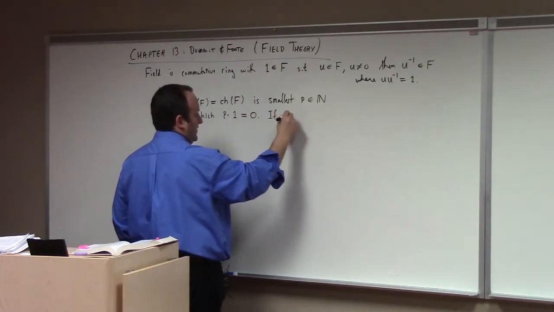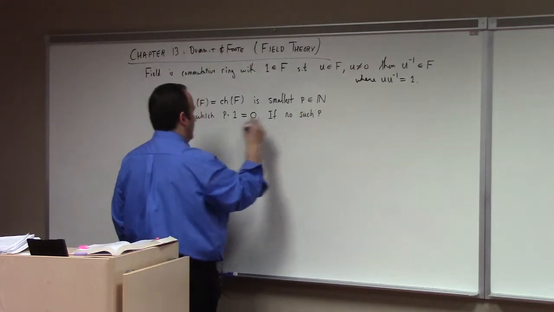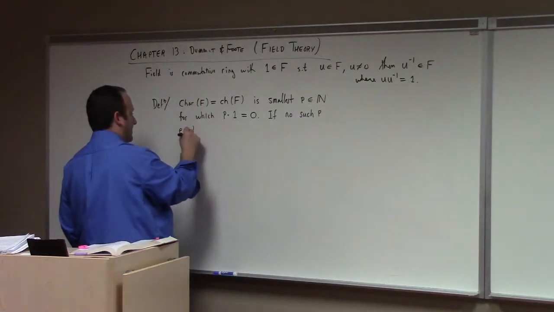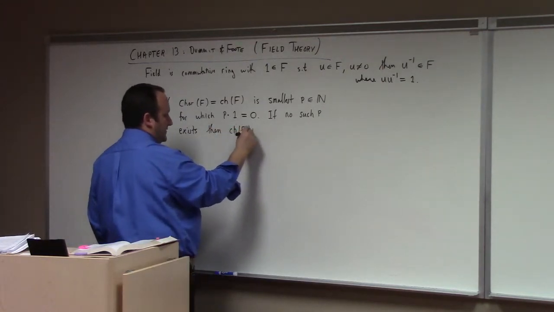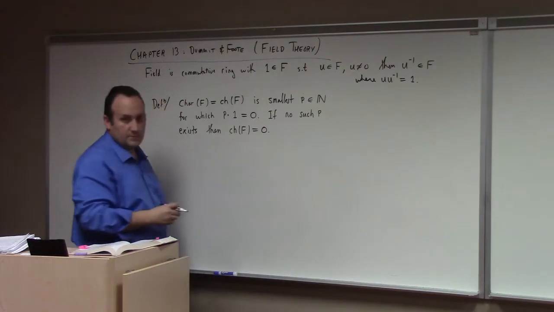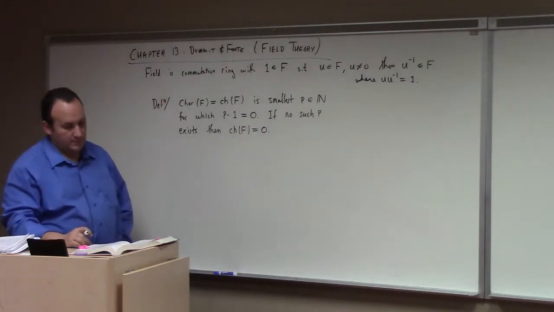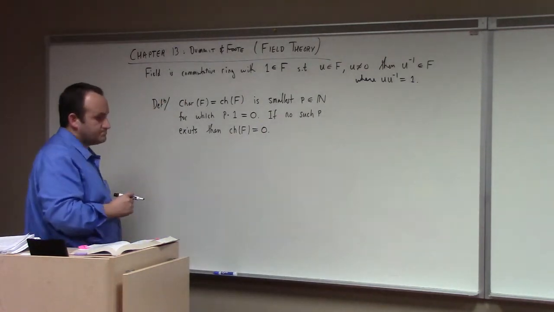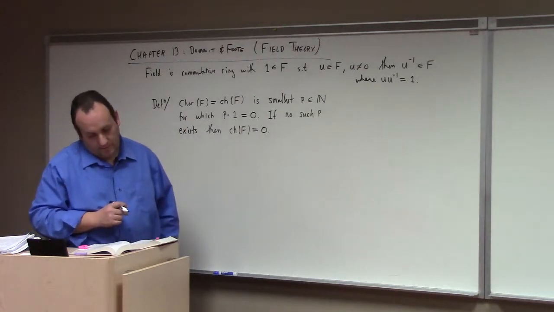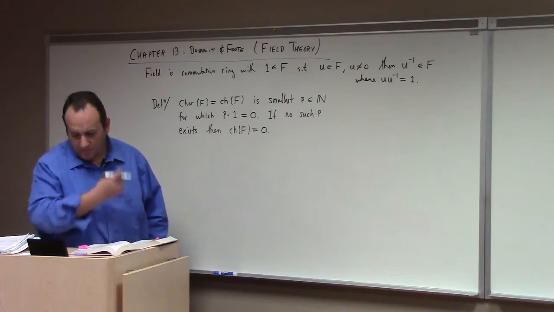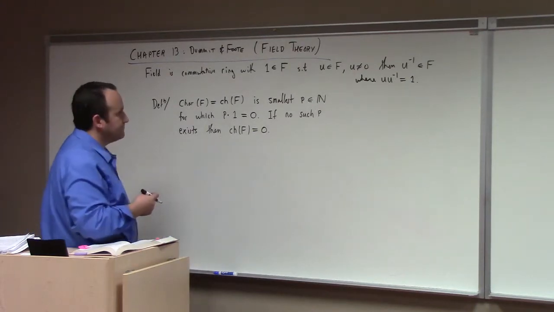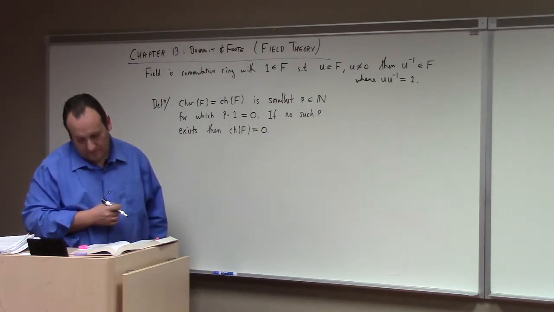If no such p exists, then we say that the characteristic of the field is 0. All right? Actually, that's not the definition. Well, no, it is. Excuse me. I digress. All right, getting to the point here. Work myself into a corner here.